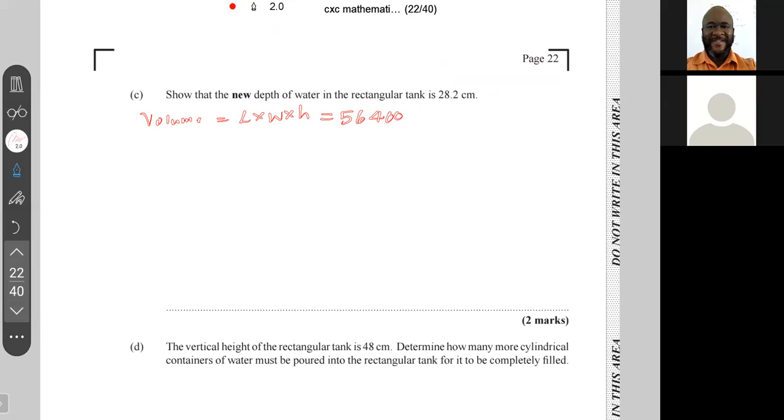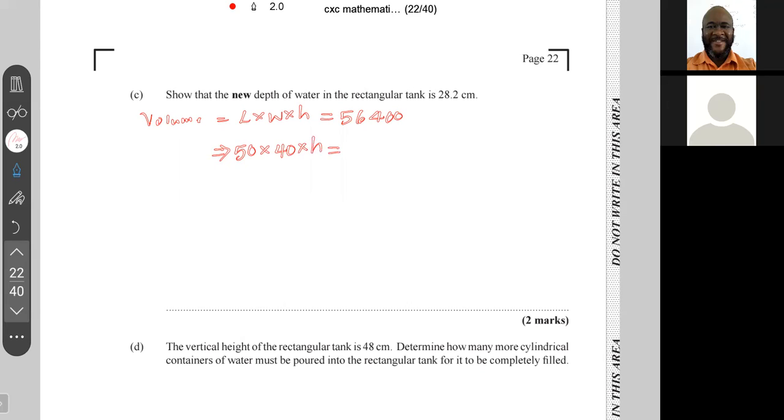Remember, we just poured in a new amount of water. The height was 15 and has now increased. Some things remain unchanged. The length is still 50. The width is still 40. But what has changed is the depth of water in the tank.